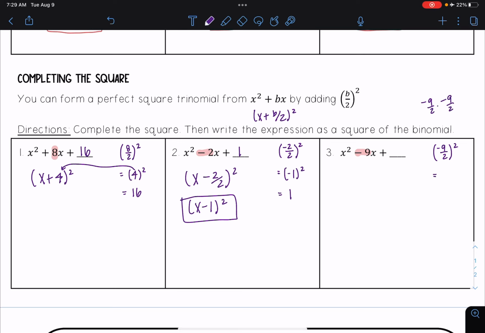And so when I multiply across, negative 9 times negative 9, I get 81. 2 times 2, I get 4. So I'm going to add 81 fourths to both sides. Now when I write that as a square, it's just going to be x plus b divided by 2, which is negative 9 halves.